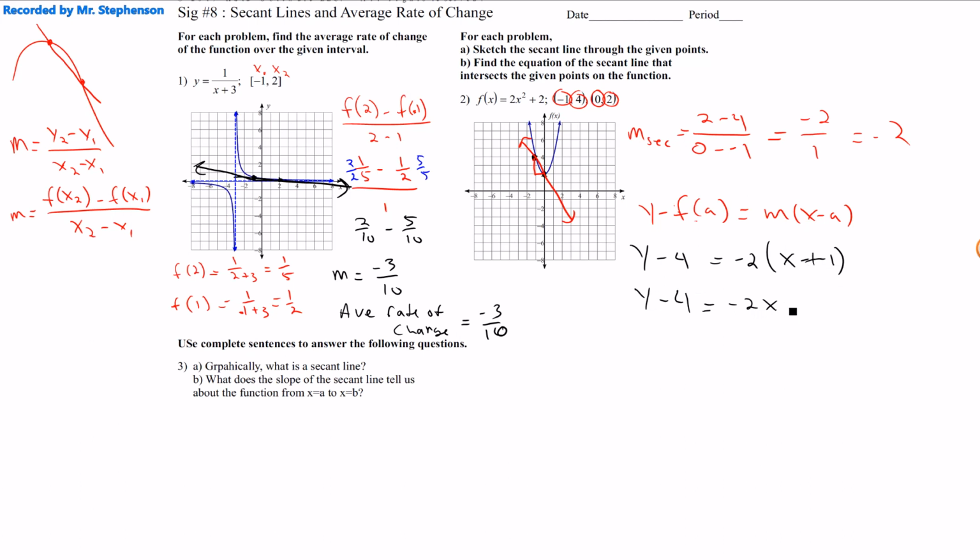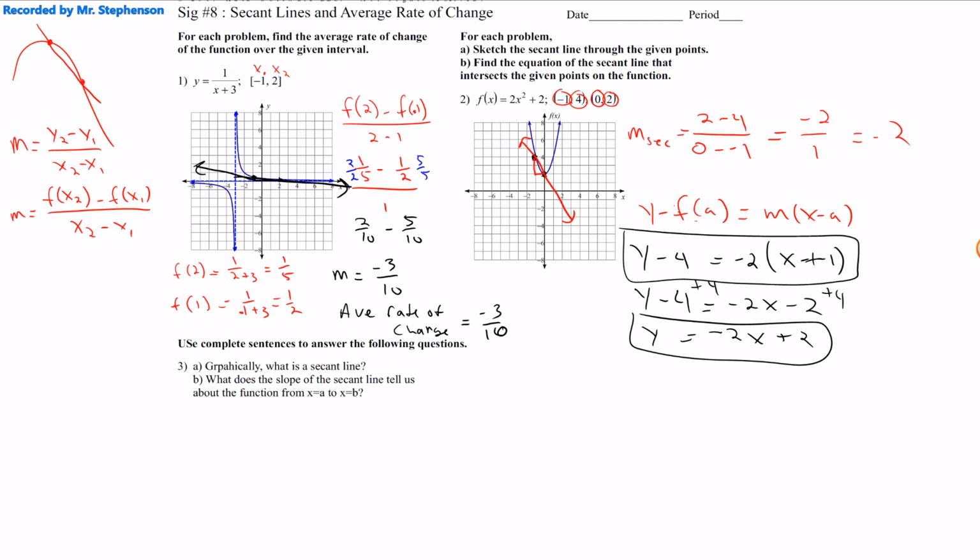This turns into a plus like that, and we could add this 4 to both sides to get y equals negative 2x plus 2. So in slope-intercept form, this is the answer. This is also an acceptable answer, just depending on what it says. It doesn't specify which form it wants, so that's just fine.